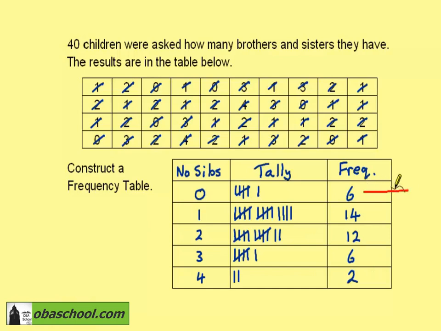It's worth noting at this stage exactly what a frequency of 6 means. We're saying we have a frequency of 6 for 0 siblings. This means the original data had 6 values in it of 0, so 6 of our children had no brothers and sisters.